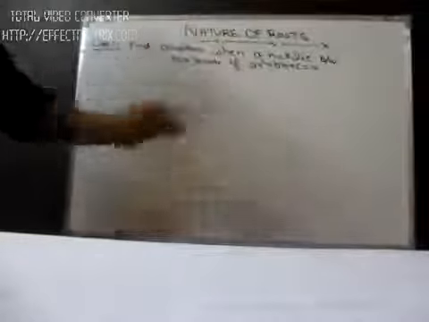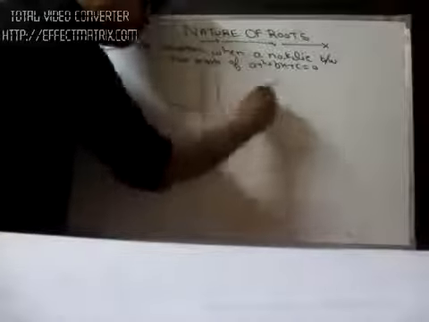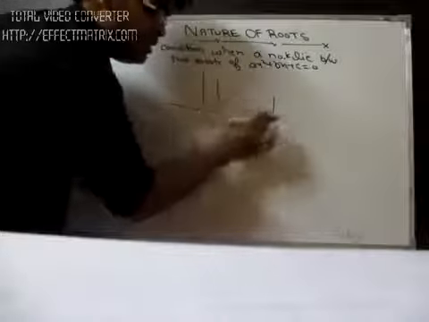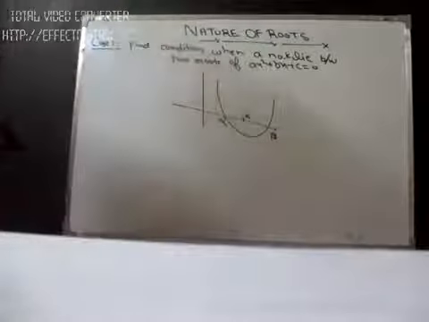We want to find the condition when a number k lies between two roots of the equation. This root is alpha, this root is beta. A number k lies somewhere in between alpha and beta.